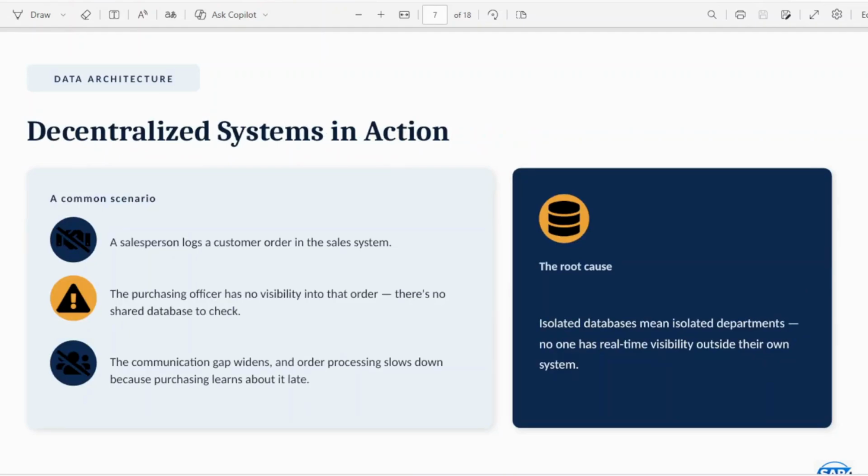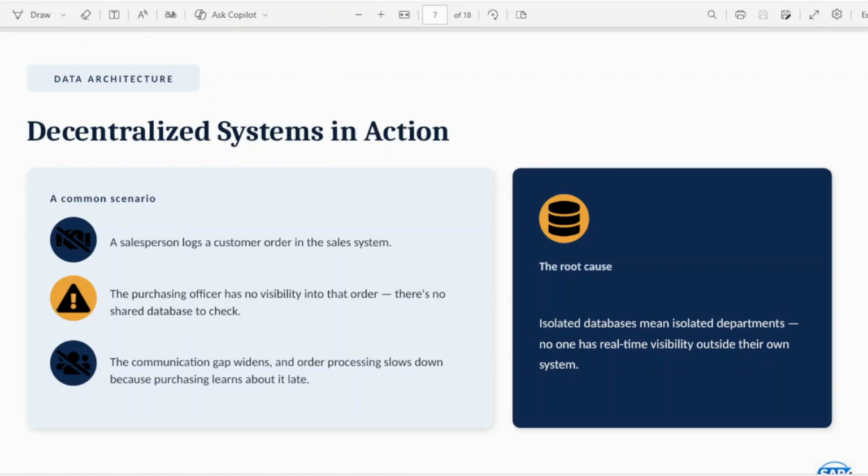Now we will go through the decentralized system as compared to the centralized system. As a common scenario, a salesperson logs a customer order in the sales system, and after that the purchasing officer has no visibility into that order, because there is no shared database to check how many orders came into the company through the sales department. The communication gap widens, and order processing slows down because purchasing learns about it late.